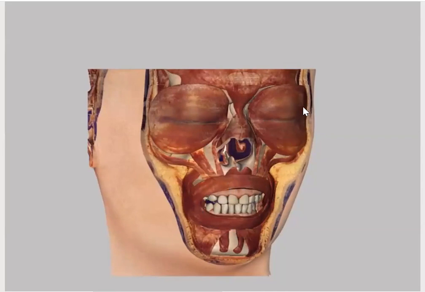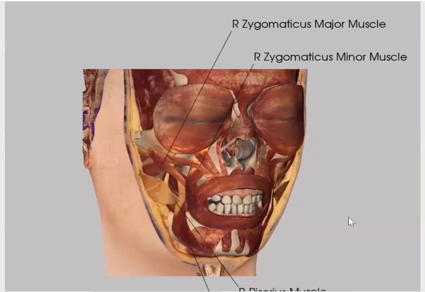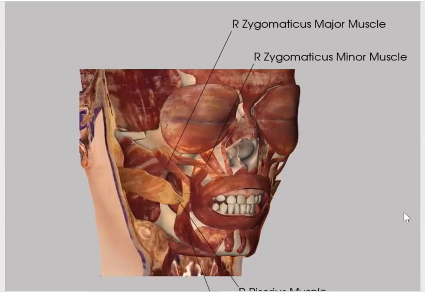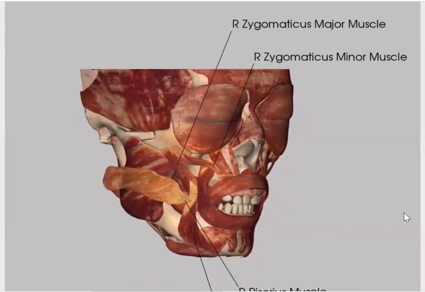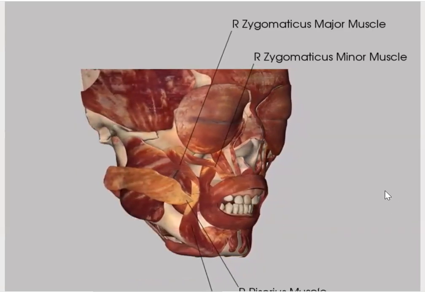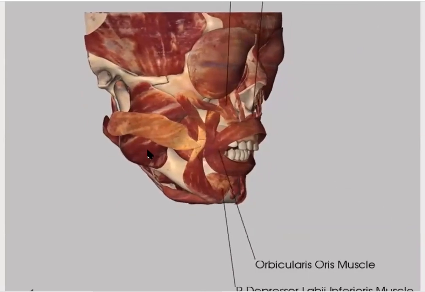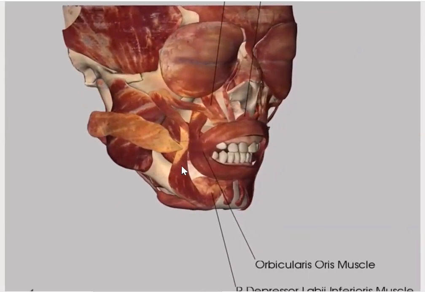We can see orbicularis oris, right around the mouth. As we strip away some of these subcutaneous layers and skin, we can see parts of the temporalis. We're going to see some muscles that aren't relevant to us, but I'll point out the ones that are. We can see some of the facial muscles here that I talked about.